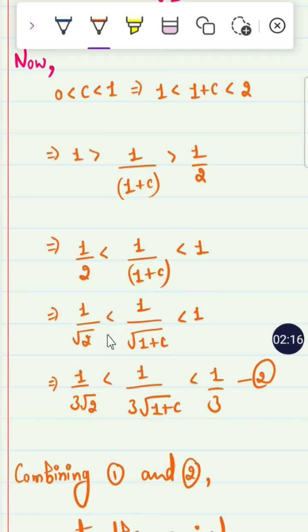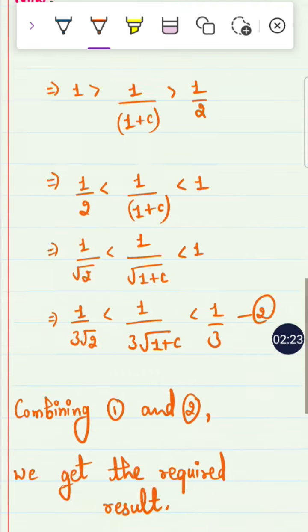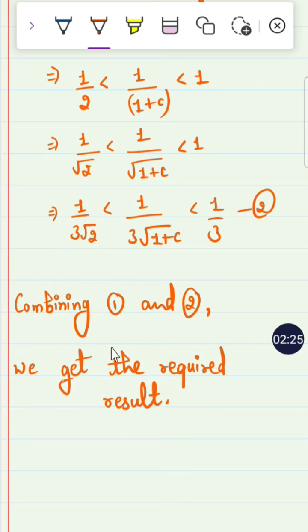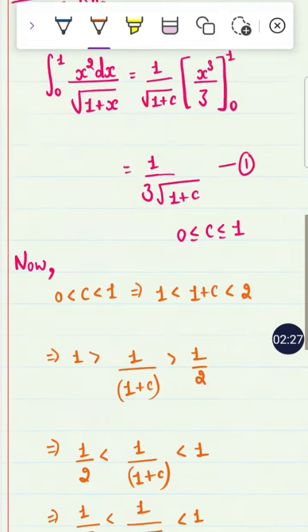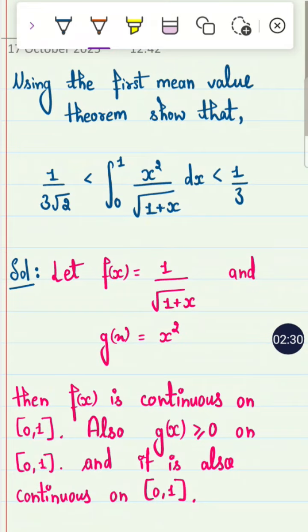Now taking the root of this, making the function of the type 1 over 3 root 1 plus c, and putting c equals x, the required result is proved. What we had to find out, right?